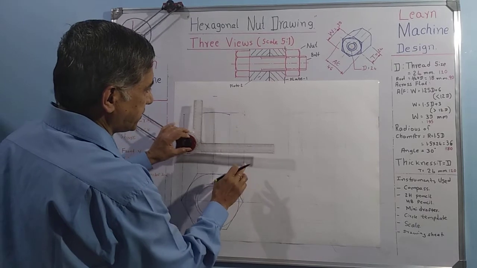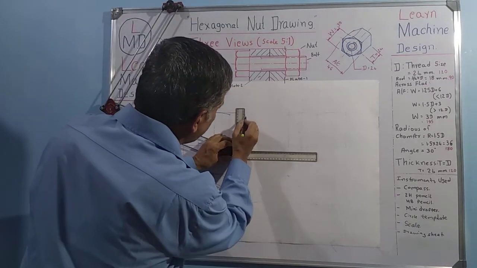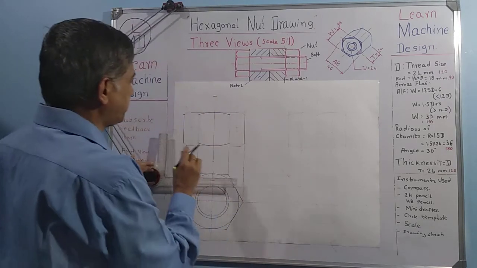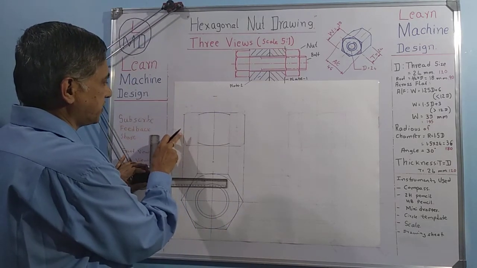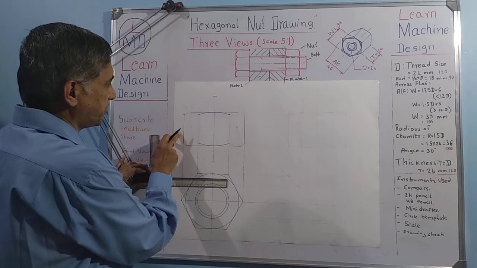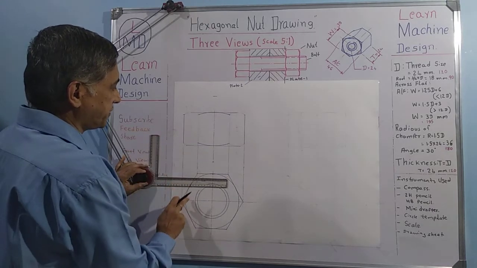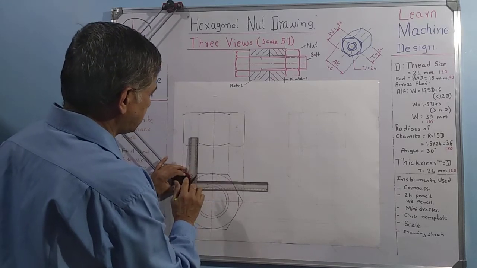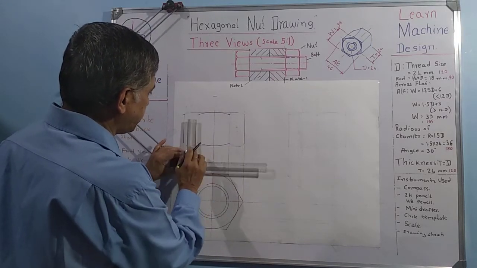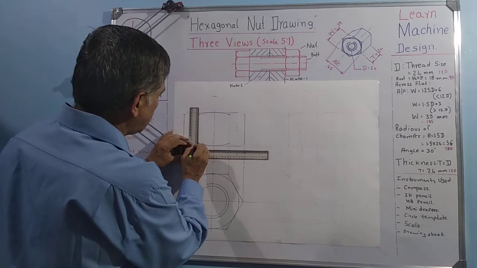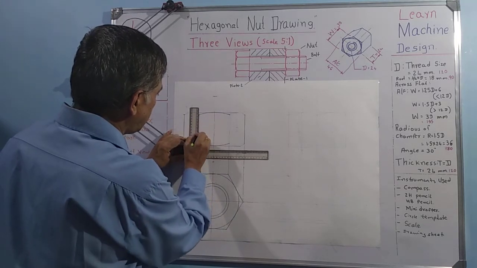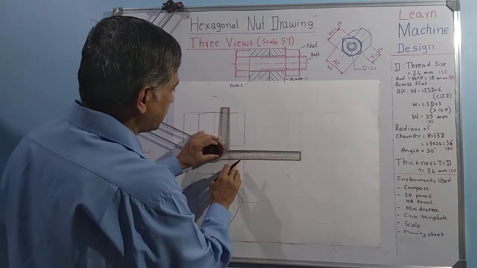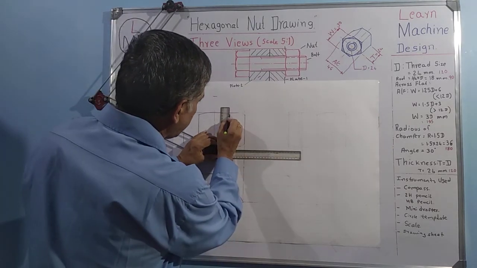We have to extend this line to here. I have drawn this line dark because this is one of the corners of this nut, and this also has to be drawn. See, this line should be extended to here, drawn like this, and this also should be extended to here, drawn like this.